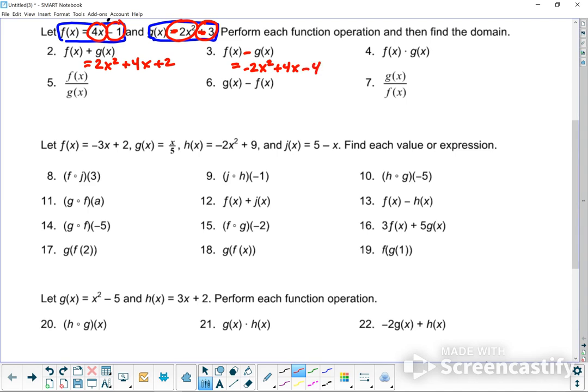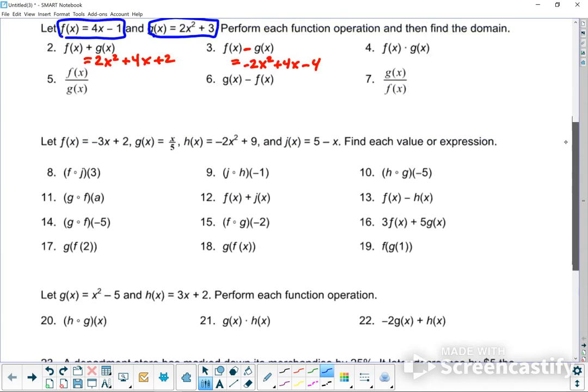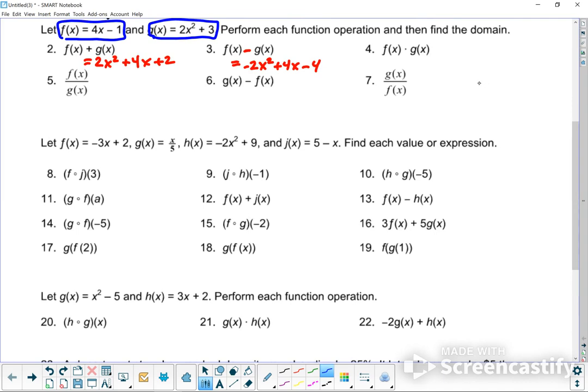Okay, f of x times g of x. This one I'm going to use an area model just to simplify things a little bit. Because we're multiplying, and again, multiplication doesn't matter the order, I'm just going to write it in any order I want. 4x minus 1 and 2x squared plus 3.